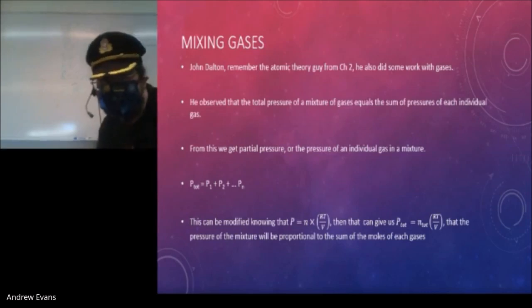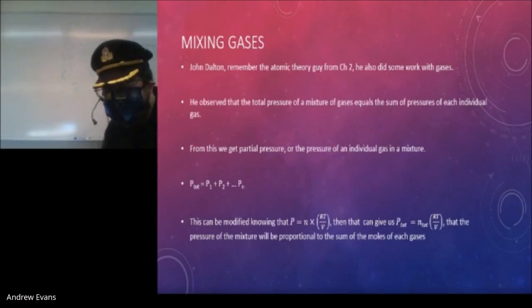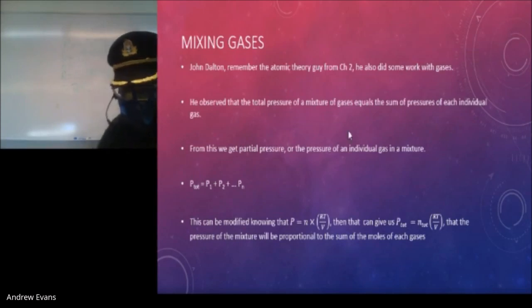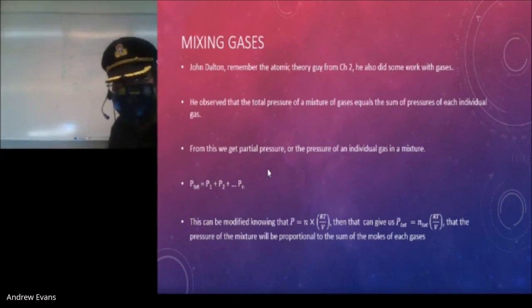Okay. Now, because these gases are treated as ideal, each gas is treated as identical. So that leads to a pretty interesting thing when we mix gases together. If you remember, you might not, it's been a while, in this early second chapter, we started by talking about this fellow by the name of John Dalton.